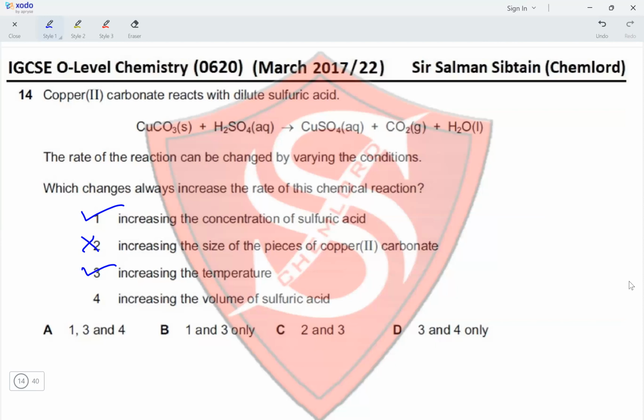And increasing the volume of sulfuric acid. By increasing the volume of sulfuric acid, we are just increasing the volume. So we are decreasing the concentration. So a lower concentration would mean a lesser rate of reaction. So this is incorrect. Since statements 1 and 3 are correct, option B is the correct option for this question.